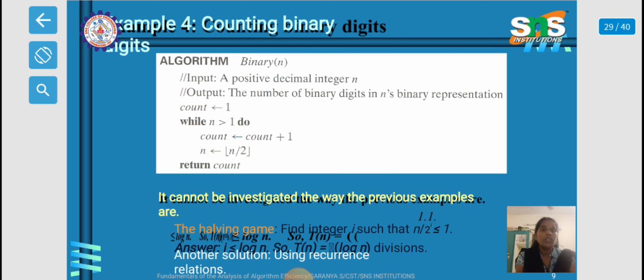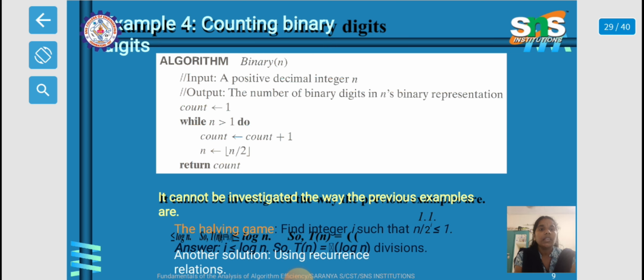The output is the number of binary digits in the binary representation. Count tends to 1 while n is greater than 1 do count tends to count plus 1, n tends to n divided by 2. Then return count.